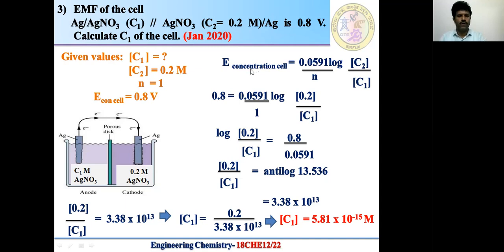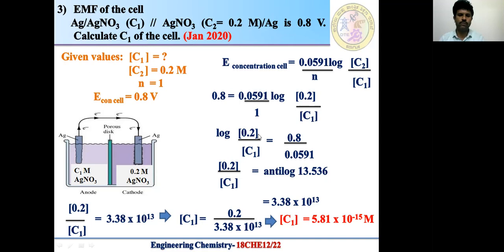The suitable expression is E concentration cell is equal to 0.0591 divided by N log of C2 divided by C1, because they have not mentioned any temperature, so we can assume it under standard condition. And E value is 0.8 is equal to 0.0591 divided by value of N is 1 log of 0.2 divided by the value of C1 to be determined.